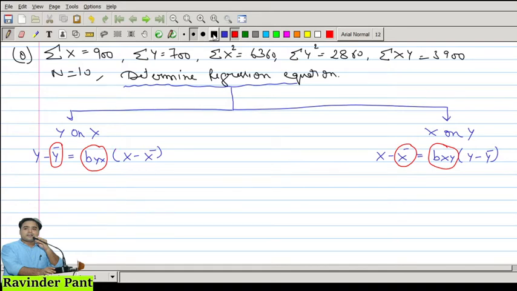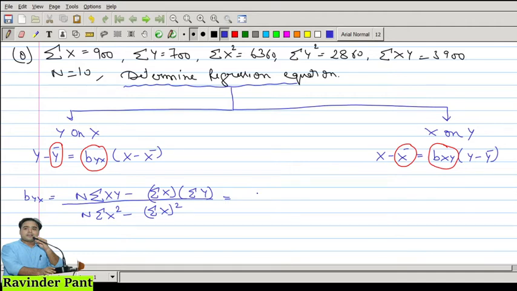Okay, so we will find out this regression coefficient first, and we know that this byx is defined as, if you remember from the previous class, n summation xy minus the product of summation x and summation y independently, divided by n summation x square minus summation x whole square, and we have all the values with us.